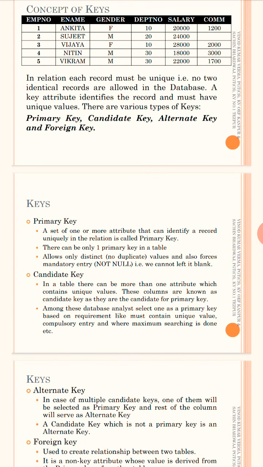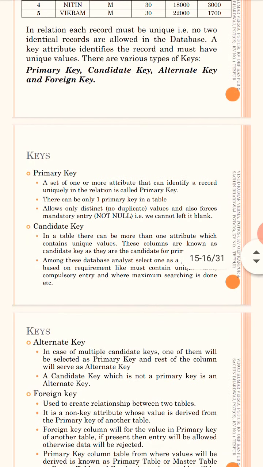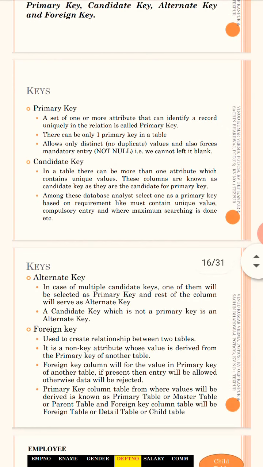Next we are discussing the concept of keys. We are having some key values in the table, and these are very important. Some keys are, first is the primary key. This is the most important key. A set of one or more attributes that can identify a record uniquely in the relation or a table is called primary key.